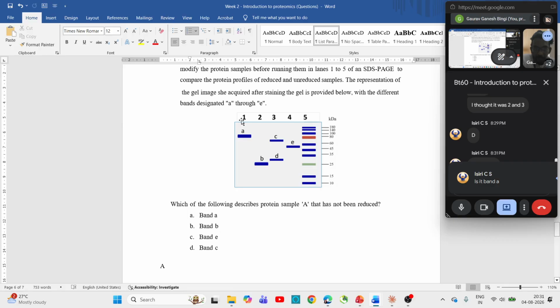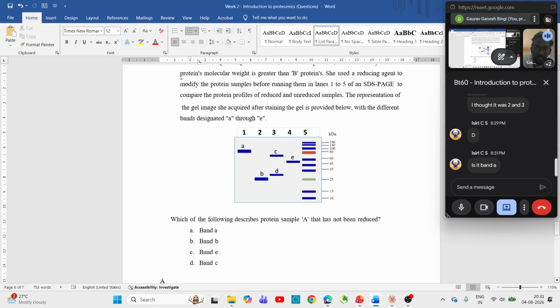Yes, because that's the highest one, right? We cannot exactly say, but as per this question, it should obviously be A, as they say it has the highest molecular weight and is not reduced. So the highest should come at the topmost position. If it is reduced, then the same sample, like this is 100, one is around 70, one is around 30, right?